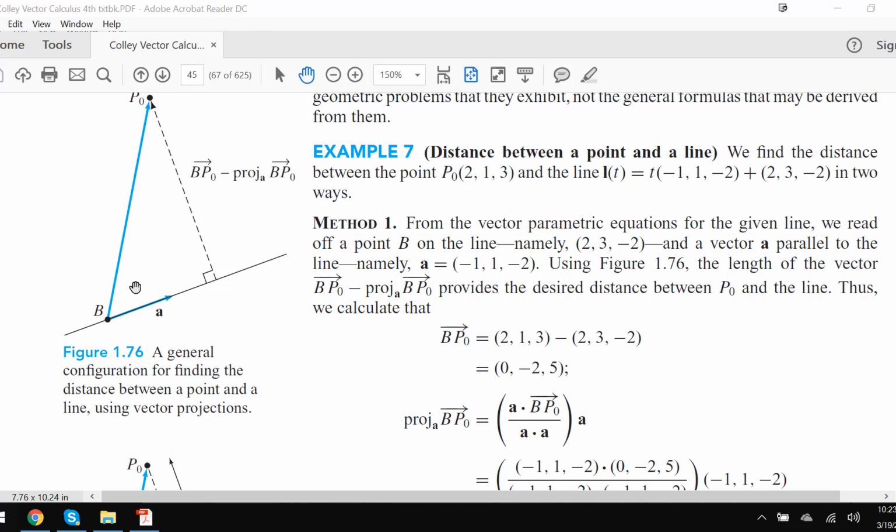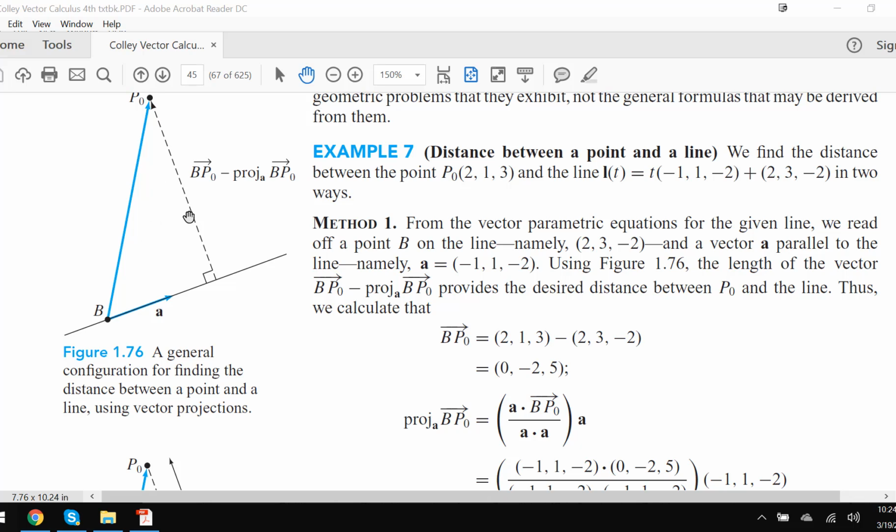So P0 is the point, and here's the line, and we want this distance. So we need the point B on the line, so we can just choose this point because that's on the line. And we need the vector A, so we have that.